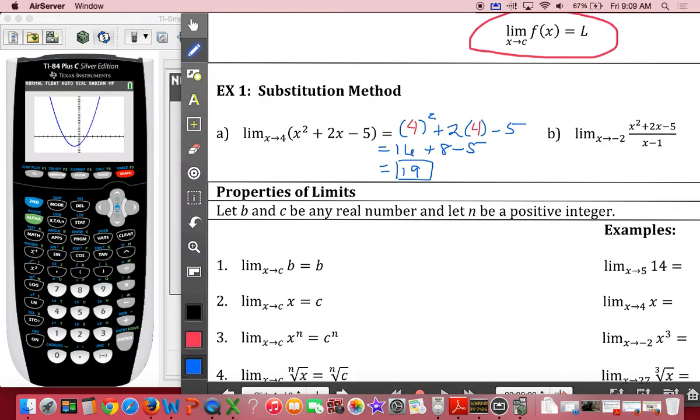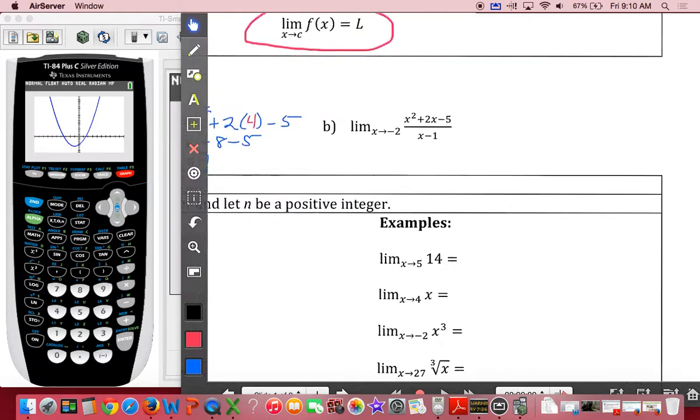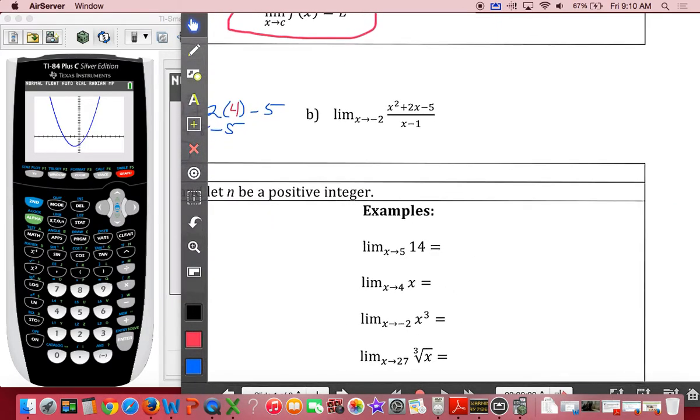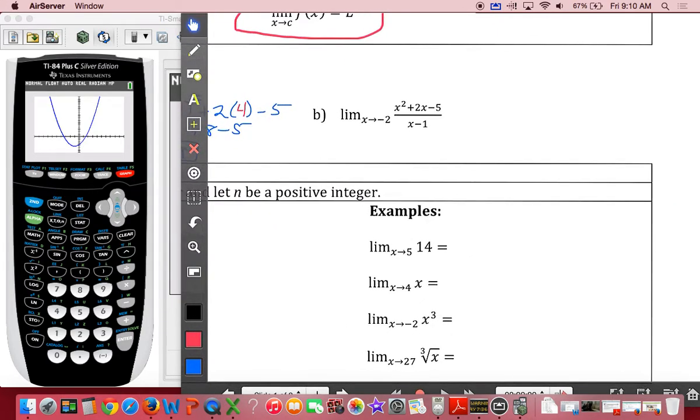So then let's look at part B. Can I use some direct substitution in part B? Yep. So let's go ahead. What can I not plug in for a value for x? Yeah, 1 right here would create an undefined value. So if this were 1, we would not be able to use direct substitution. So fortunately it's not.